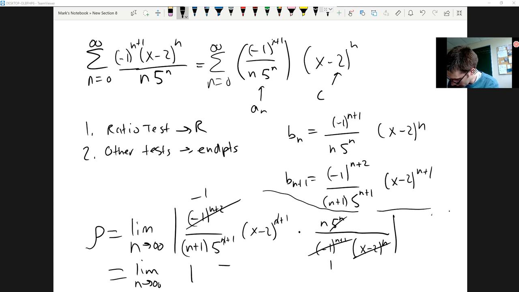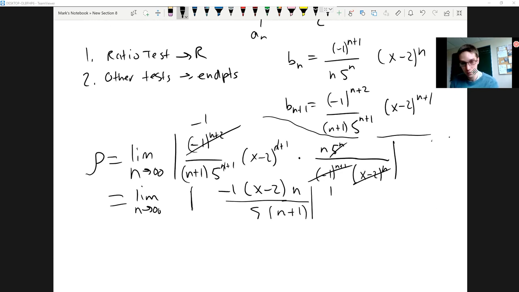That does not simplify yet, but I think we can still work with that. We'll have minus 1 times x minus 2 times n over 5 times (n plus 1). I think we've accounted for everything there.